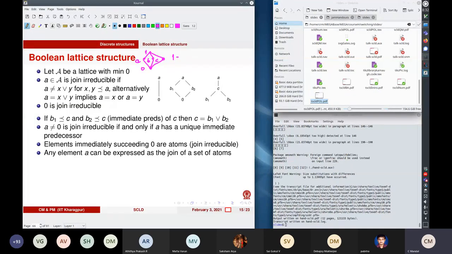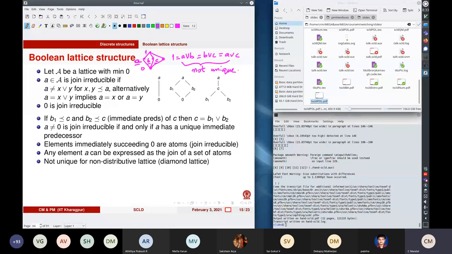These are all atoms, by the way. So 1 can be expressed in many ways, in fact, as you can see. So what it means is that it is not unique.